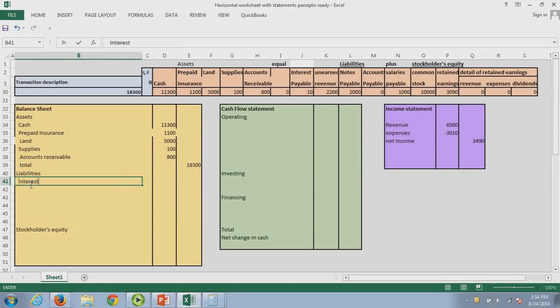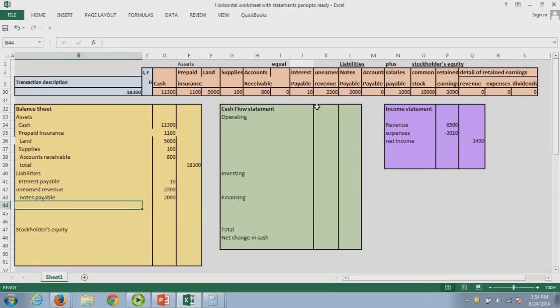So I'm just going to pick them up in the order that I find them. Interest payable is a small amount. Unearned revenue should be whatever's left after we did the adjusting entry. And then we have notes payable, borrowed from the bank, and we paid off the accounts payable.